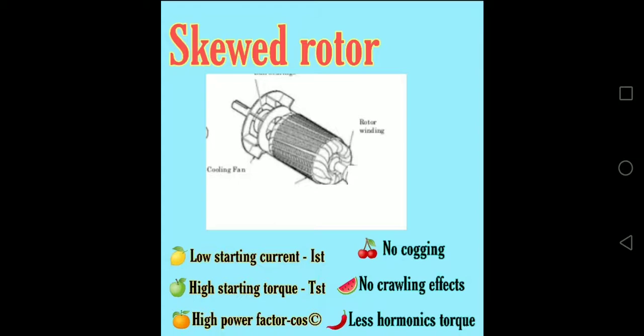Because length is more in a skewed rotor, when lengths are more, resistance is more.